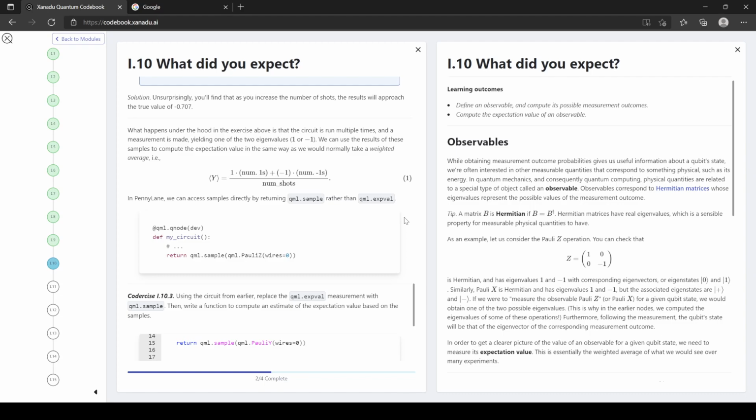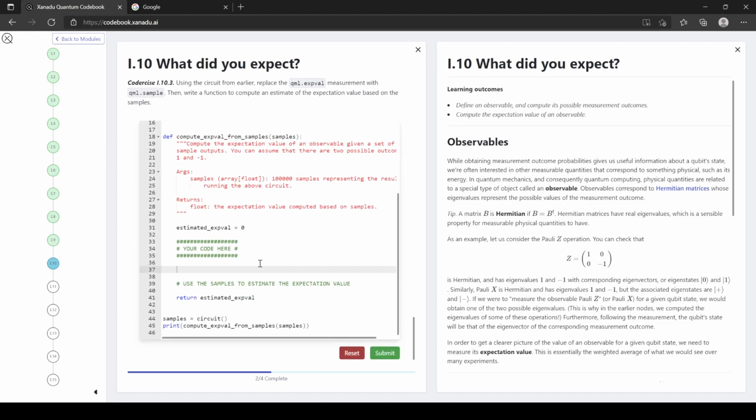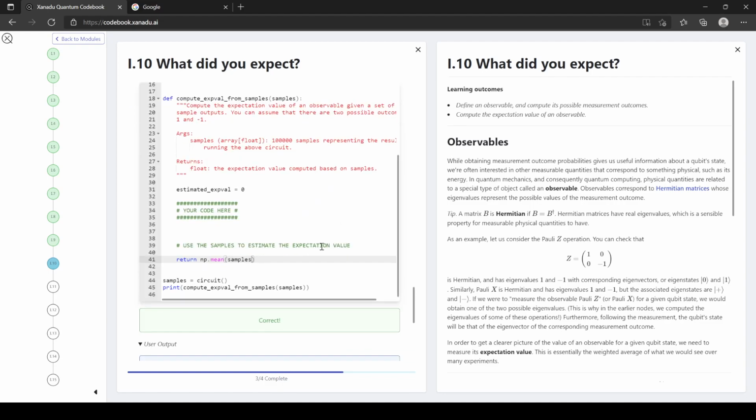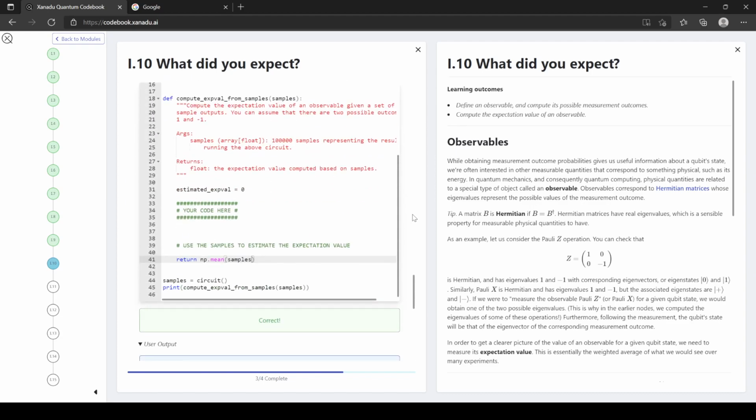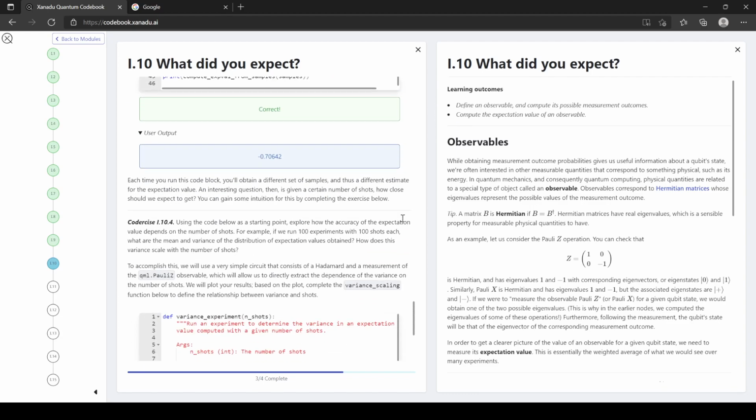Because this is going to be the sum of the ones, and this is going to be the sum of the negative ones, which if we add -1, -1, -1, then we get the results. So what I think I can do here is just do this. Yeah, all we're doing is taking the average value, so don't need to do anything fancy down here. Don't even worry about that formula.